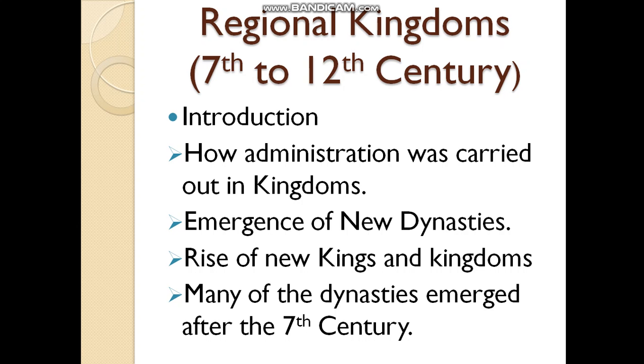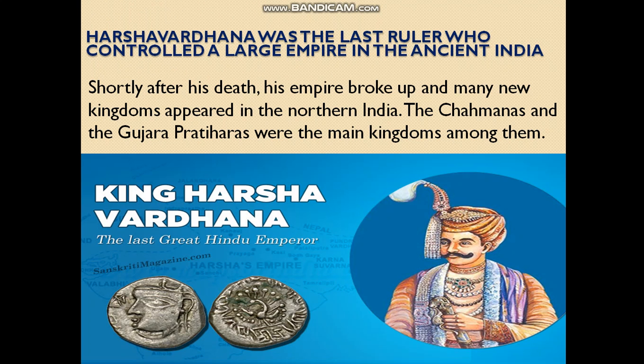Now, how the administration was carried out in the kingdoms and by whom, then emergence of the new dynasties, then rise of new kings and kingdoms, and many of the dynasties emerged after the 7th century, as I told you. Now, as you all know, and we read also earlier, that Harshvardhana was the last ruler who controlled a large empire in ancient India.